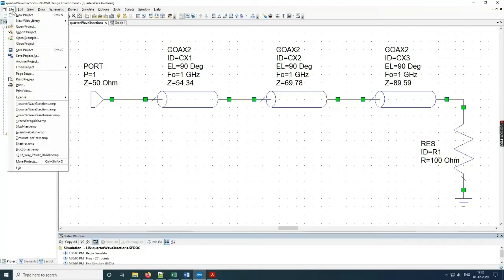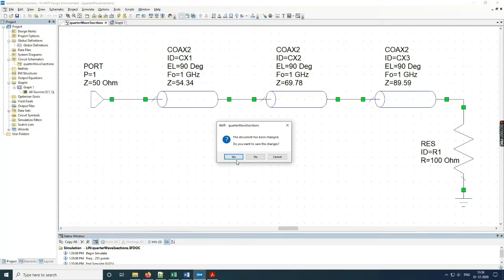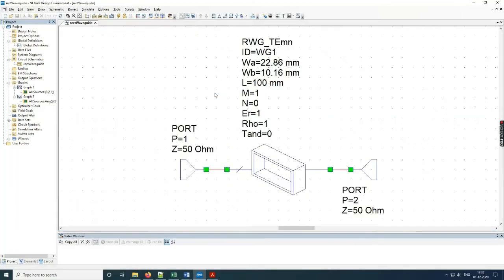Now let us look at one more example, and that is a rectangular waveguide. When I have the rectangular waveguide, as you know, there is the concept of modes in waveguides.